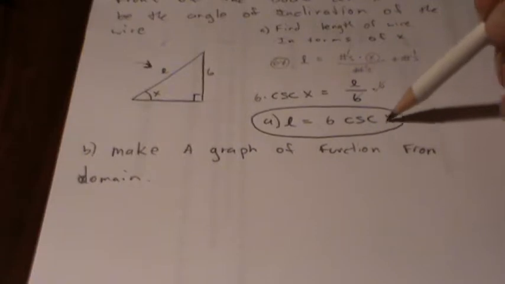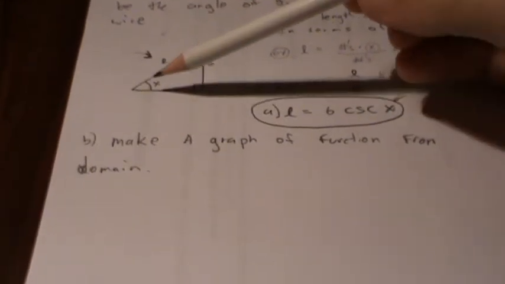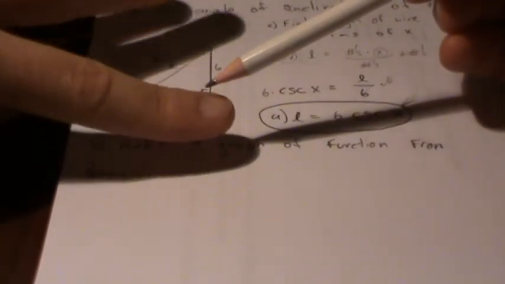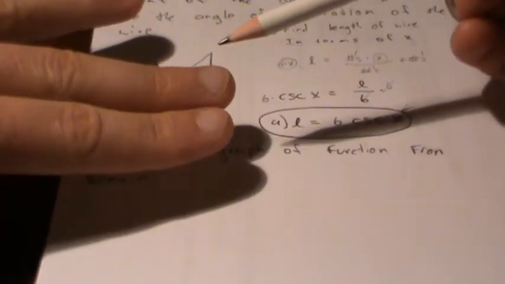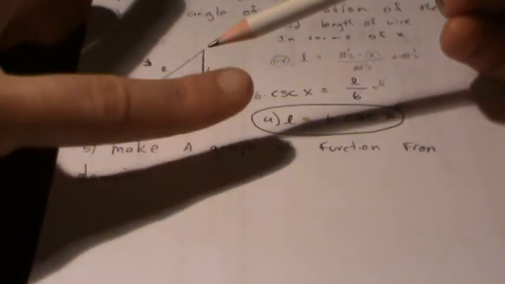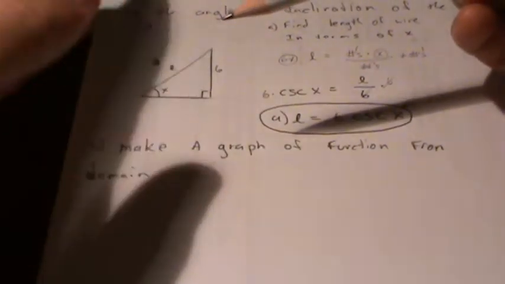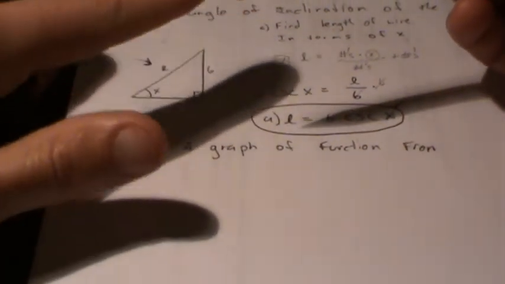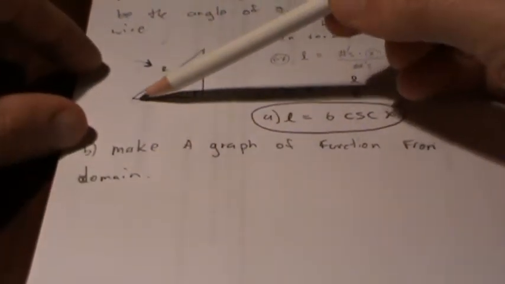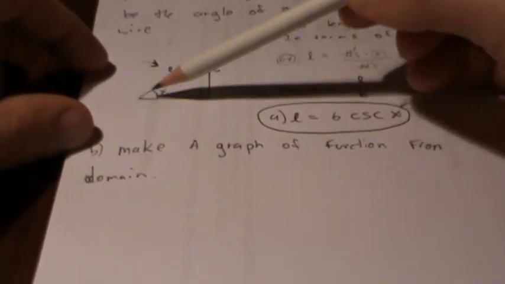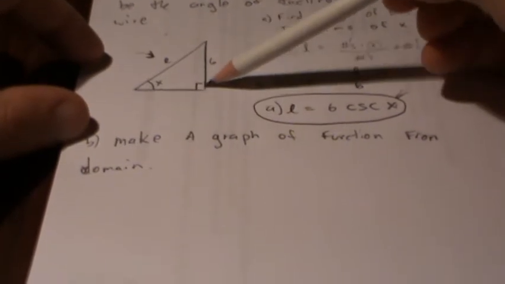Now x represents an angle, and this angle can only be between 0 and 90 degrees. That basically means the mast is always 6.